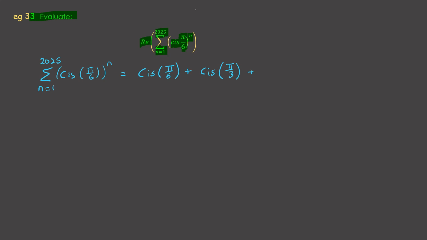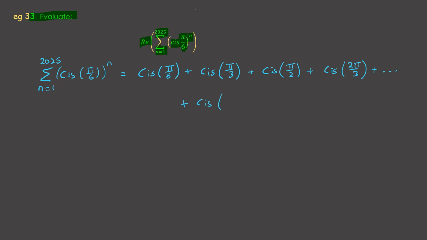And then n equals 3 would give me cis(3π/6), which is π/2. And then when n equals 4, I'll get cis(4π/6), which is 2π/3. And so on.